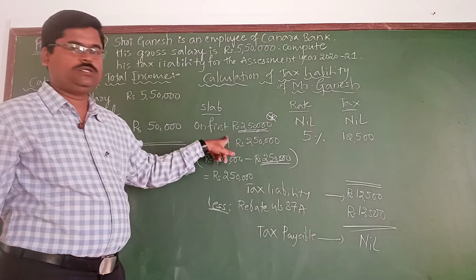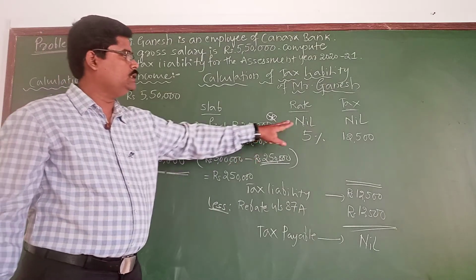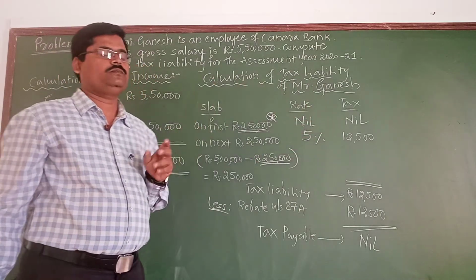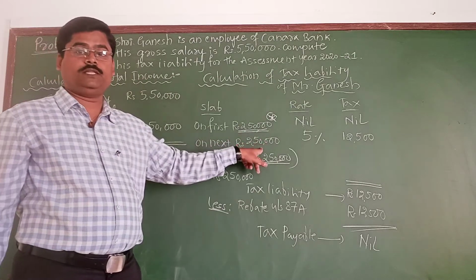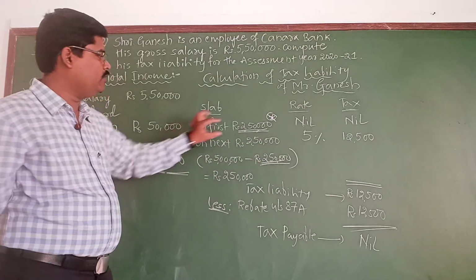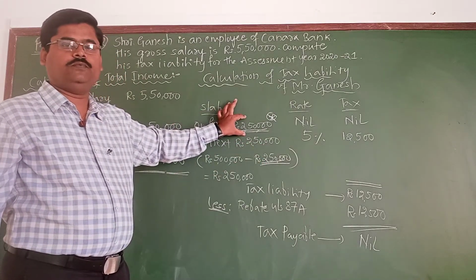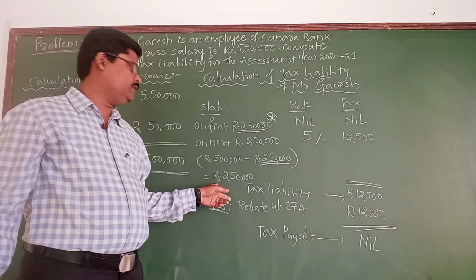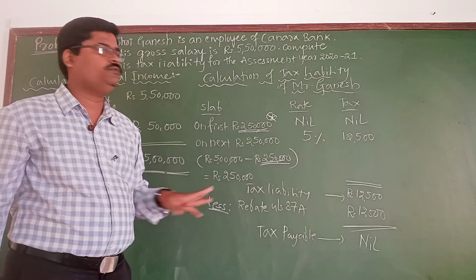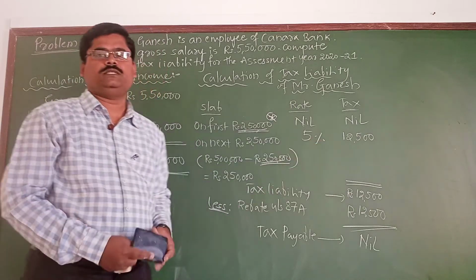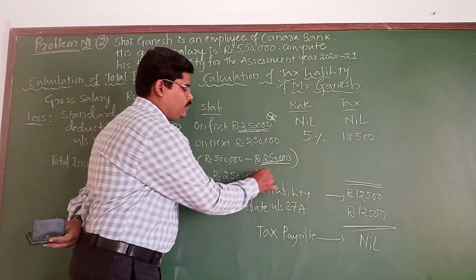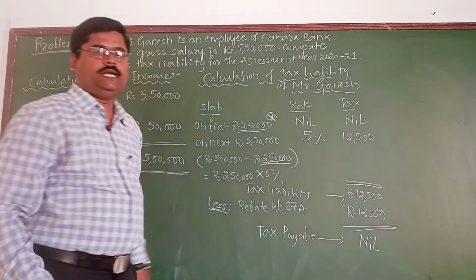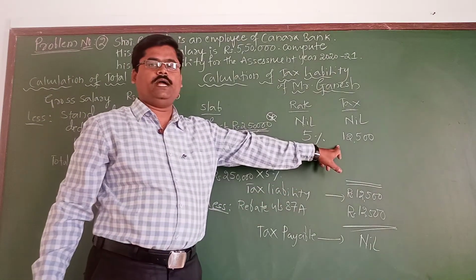So on the first 2,50,000 the tax rate will be nil. On the next 2,50,000, from 5 lakh I have deducted the first 2,50,000, up to which there is no tax. That remains 2,50,000 only. On this 2,50,000 I am going to impose 5%, and that gives me 12,500.